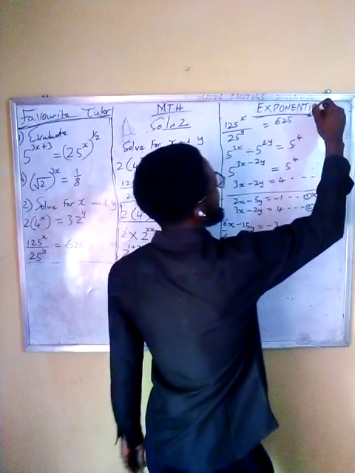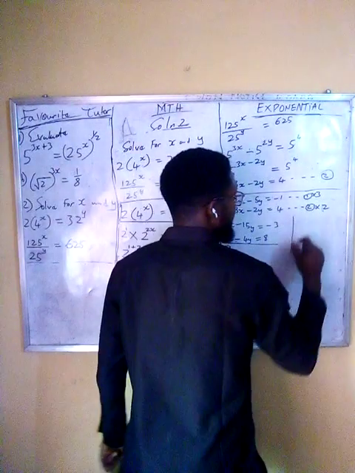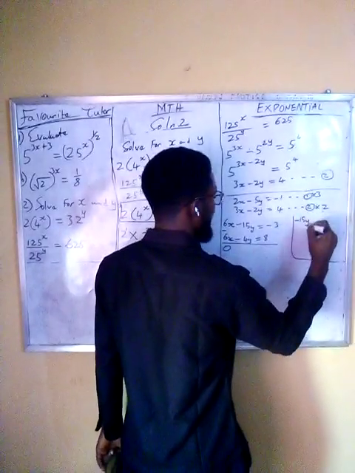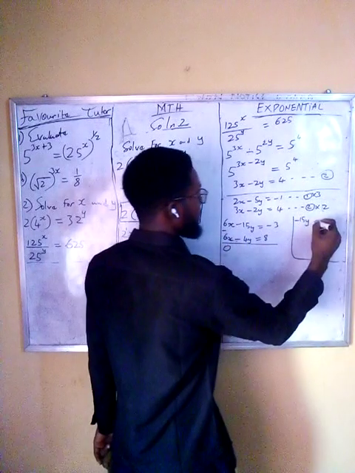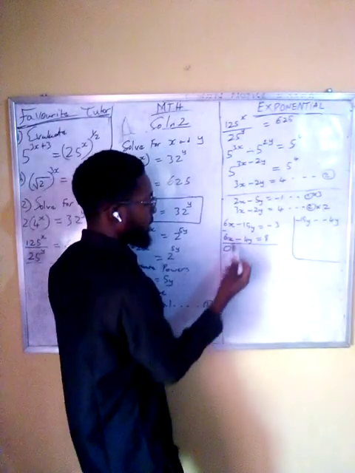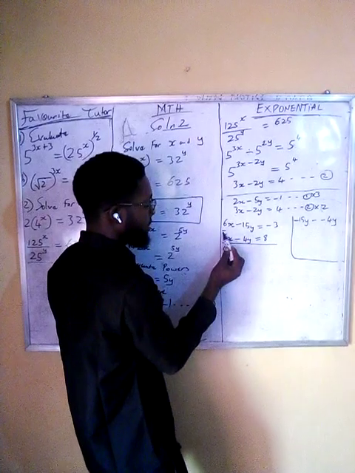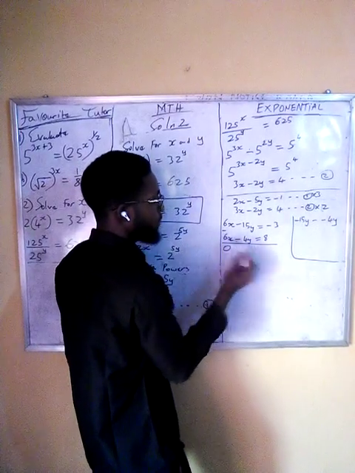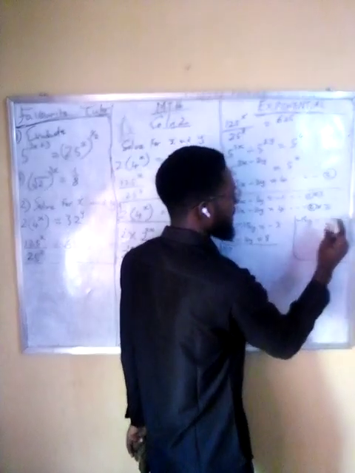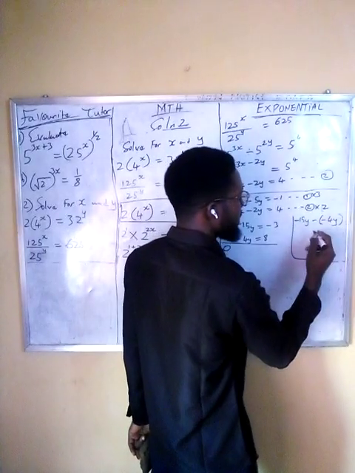So let me put it right here. Just watch me. We have minus 15y minus 4y. Two signs cannot actually meet, so put one in brackets.